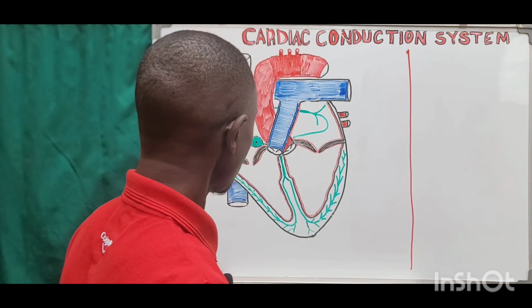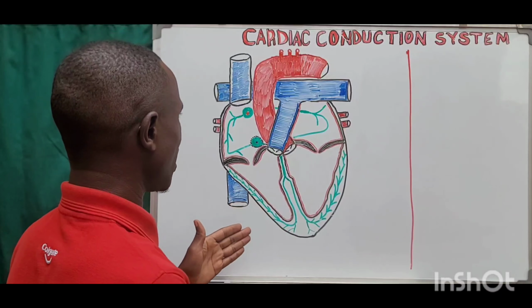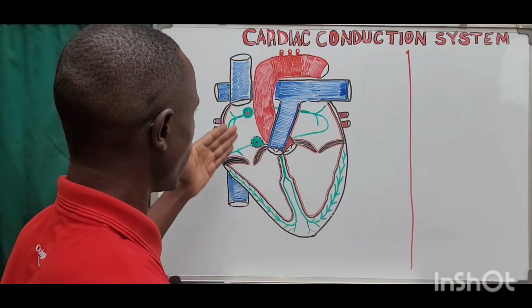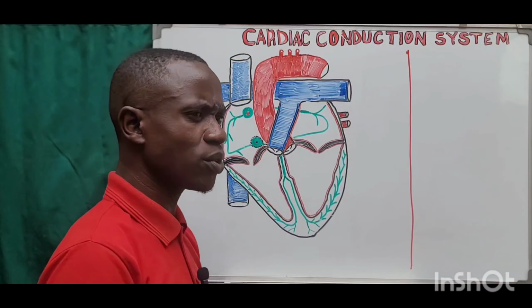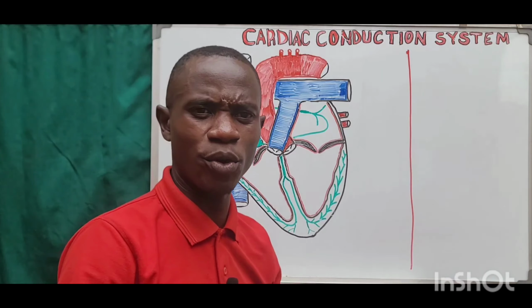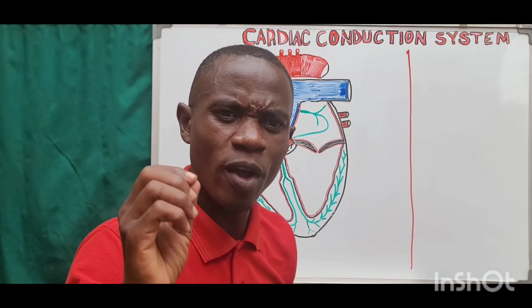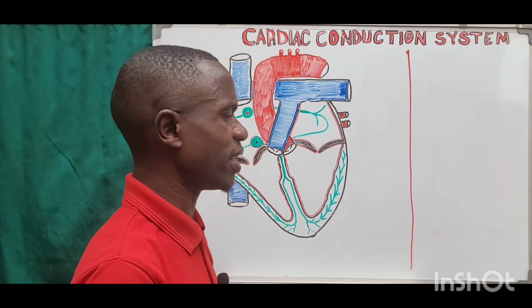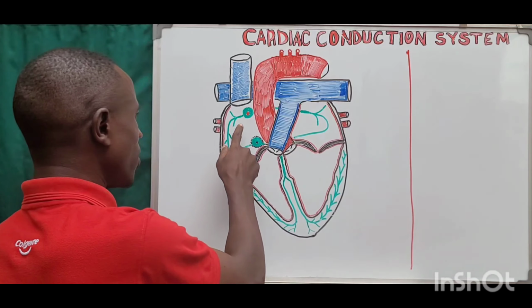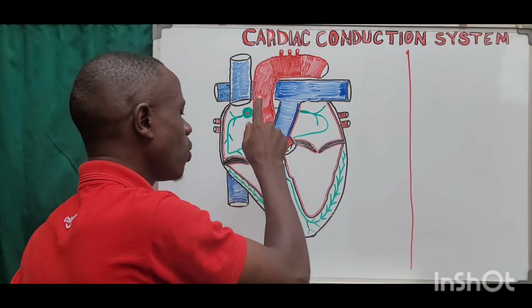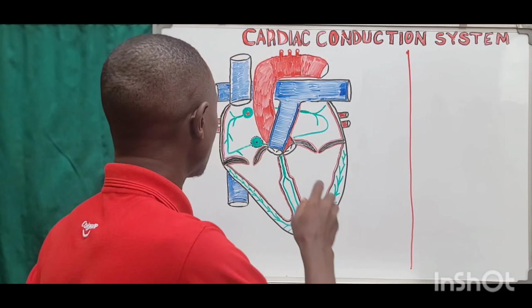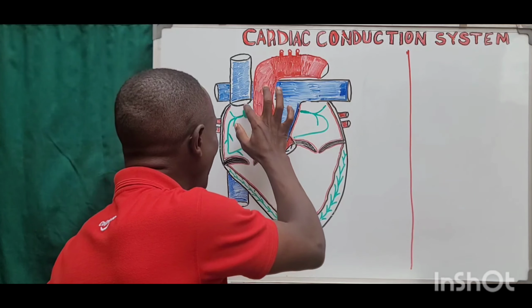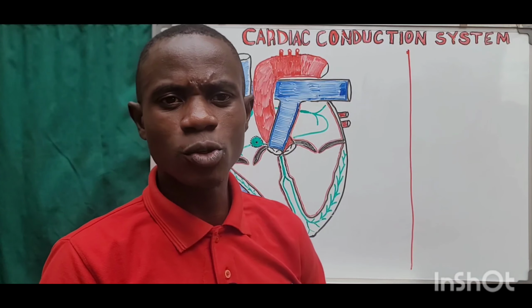Now we need to see what we call all these different structures of the cardiac conduction system. We have been talking about the SA node, the sinoatrial node. We need to first understand where the sinoatrial node is located. The sinoatrial node resides within the right atrium, more specifically just next to the entrance of the superior vena cava.